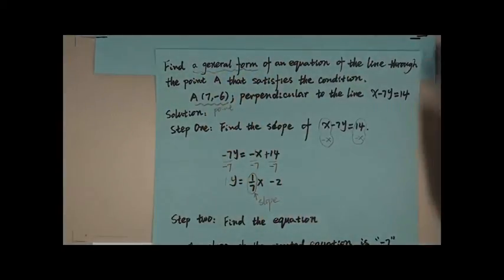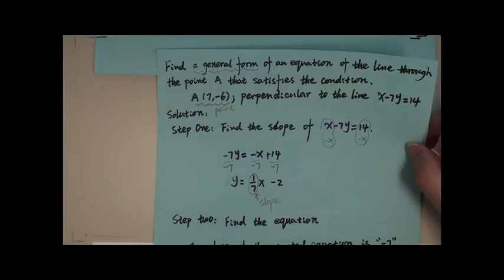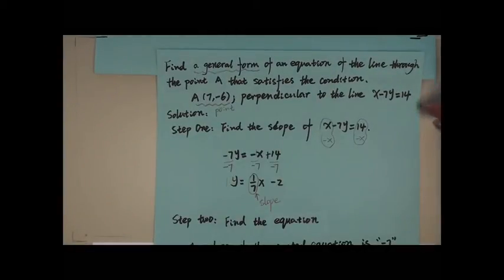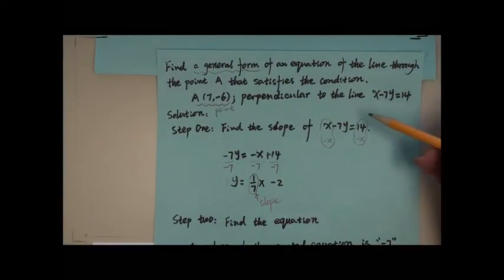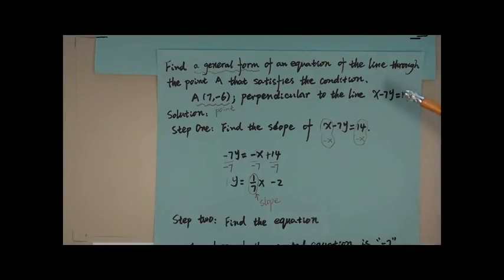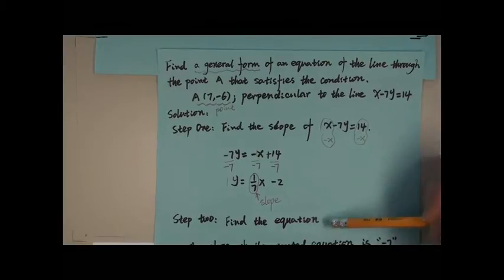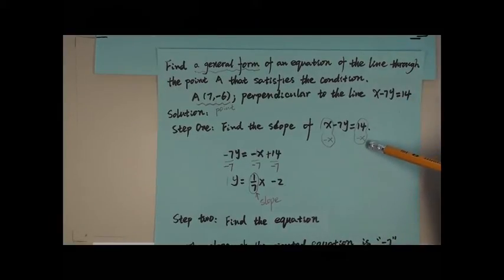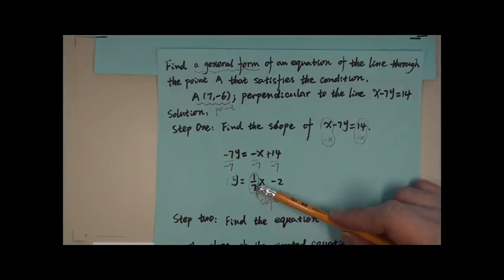Okay, so this is the application for slope-intercept form. So here in this question there are two steps. Step 1 is to find out the slope in an algebraic way.